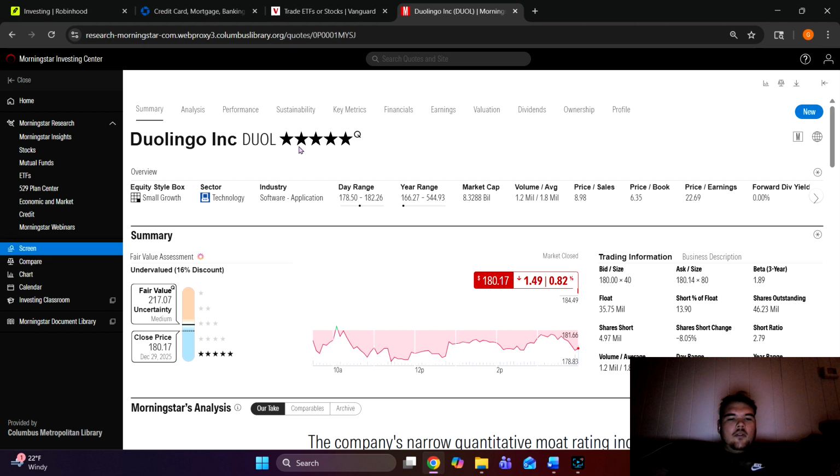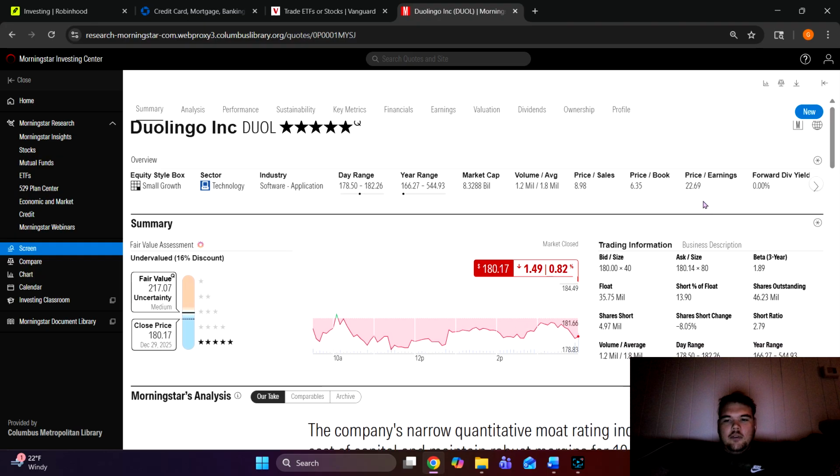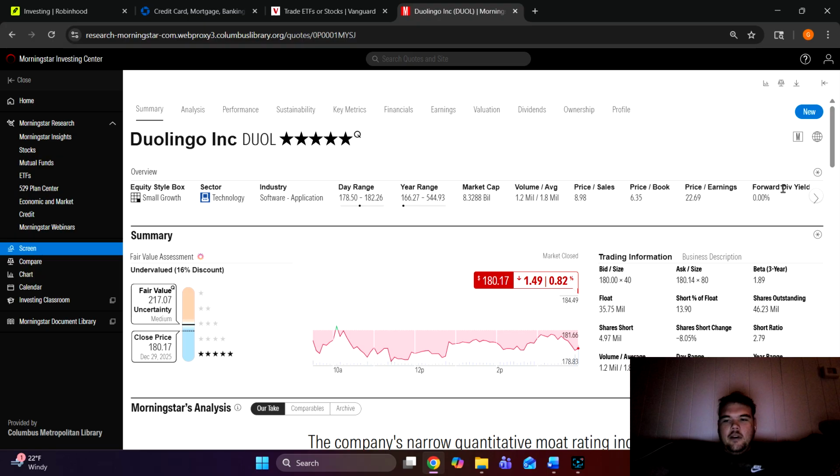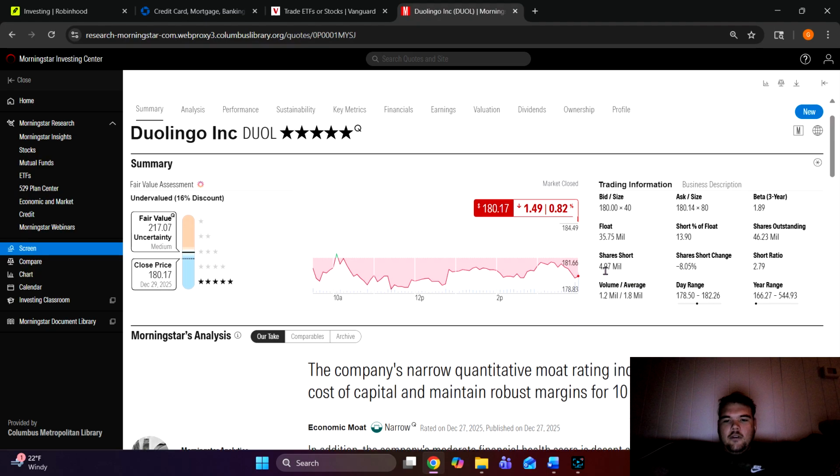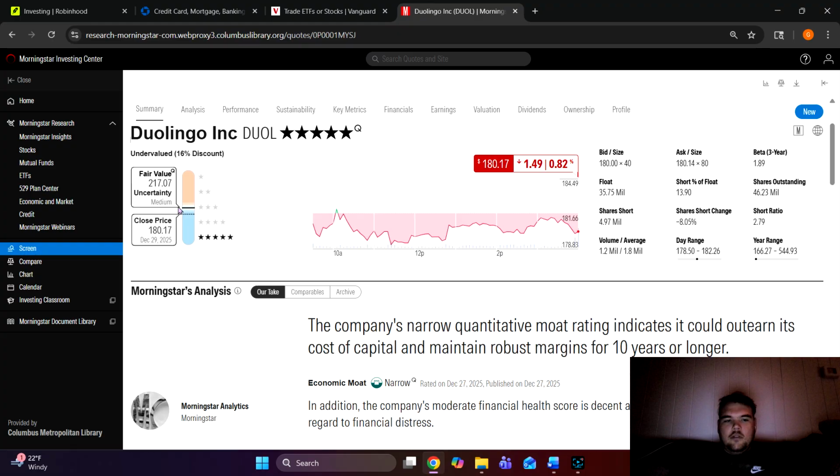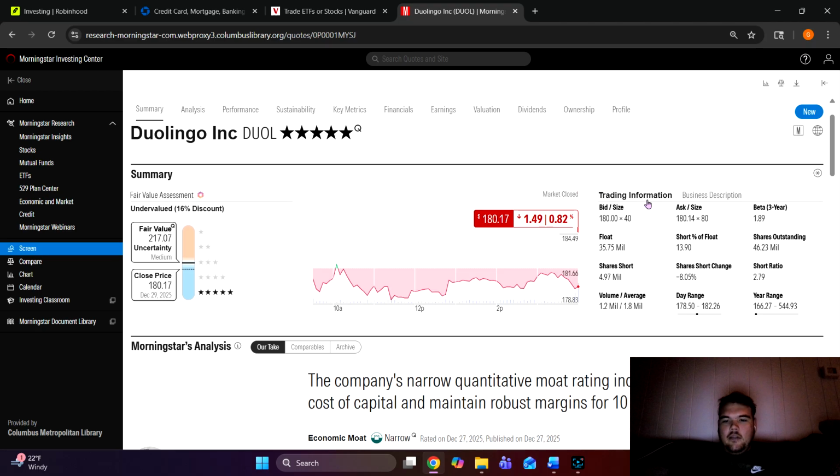So Duolingo, small growth, cool. Technology application, cool. PE 22.69, not too bad. No dividend. Fair value, 16% discount, not bad. 5 star buy, we like that.